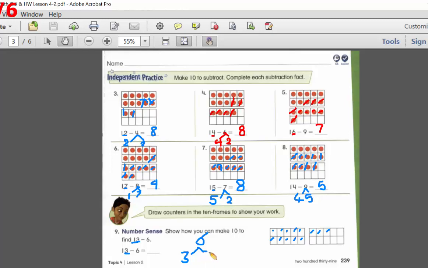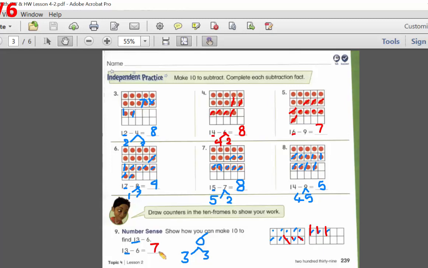Doubles, you're right. So first, I will cross out 3. And then I will cross out 3 more. How many left? 7 left. So 13 minus 6 equals 7.